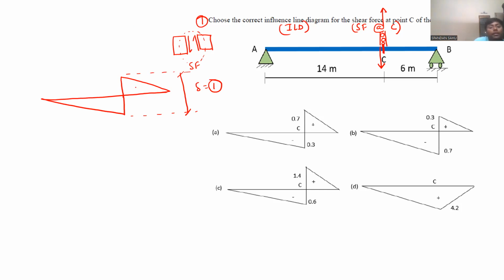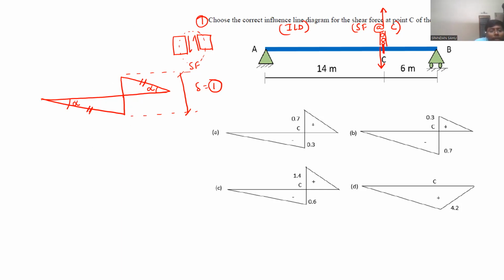And one more thing, for a statically determinate structure, when you are doing the ILD for shear force, this line and this line will be parallel, such that if you write alpha here, this alpha will be the same. So now what can you write?